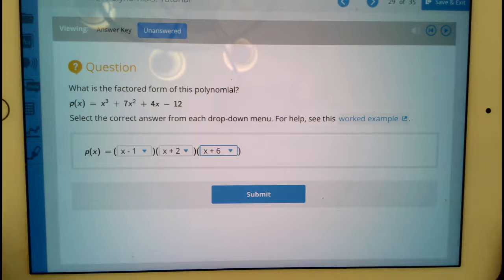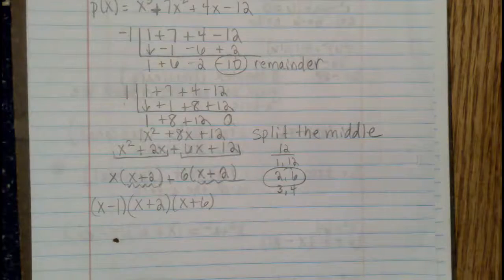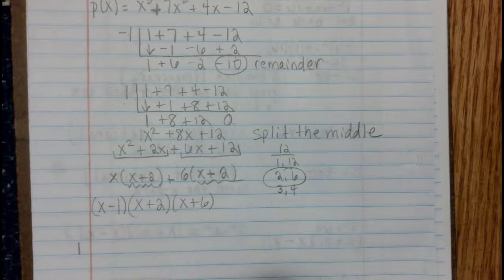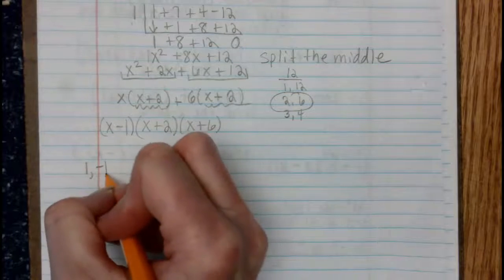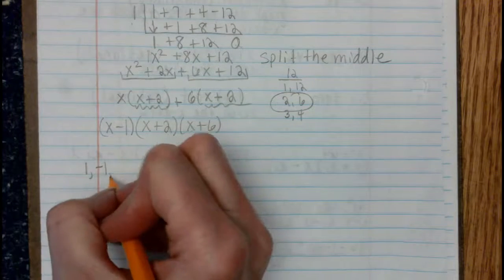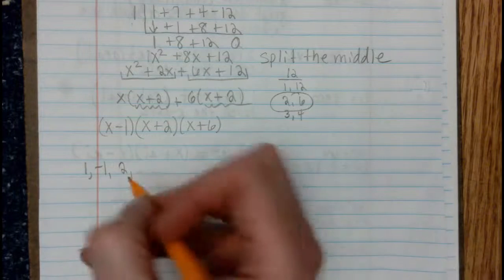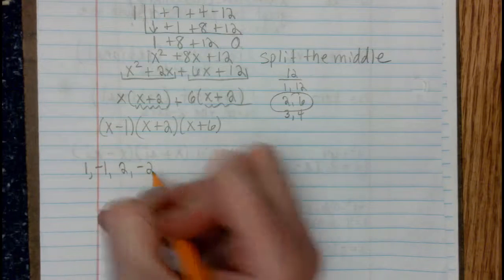The issue on this problem is if it isn't a drop-down box, then what you start doing is you try 1. If it doesn't work, then you try negative 1. Then you try 2, and if that doesn't work, you try negative 2.